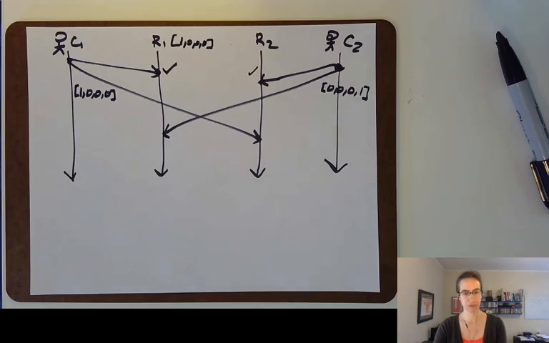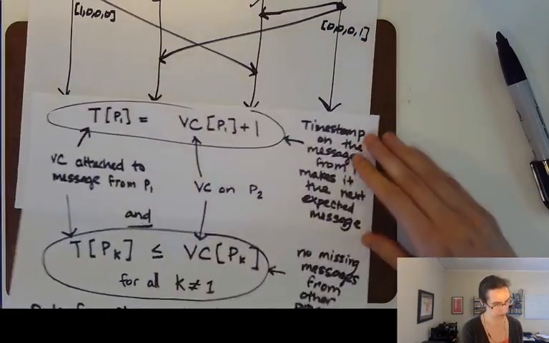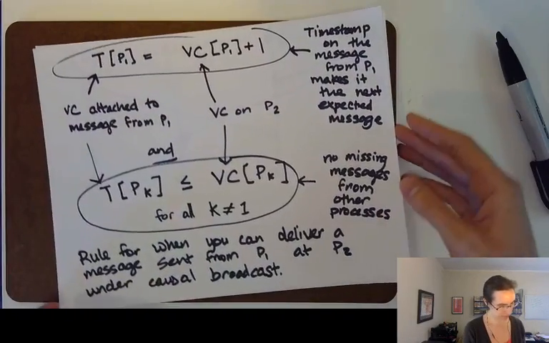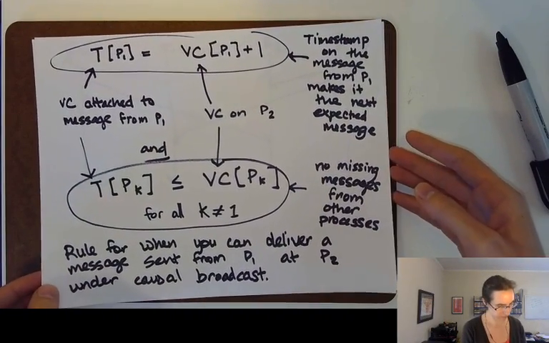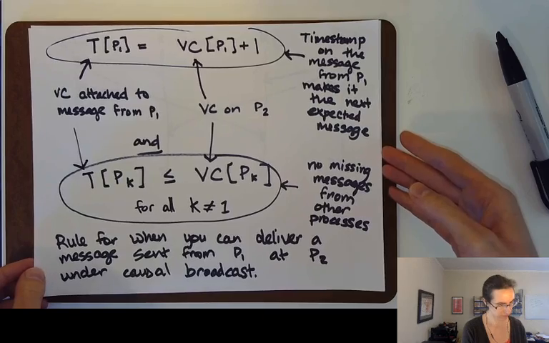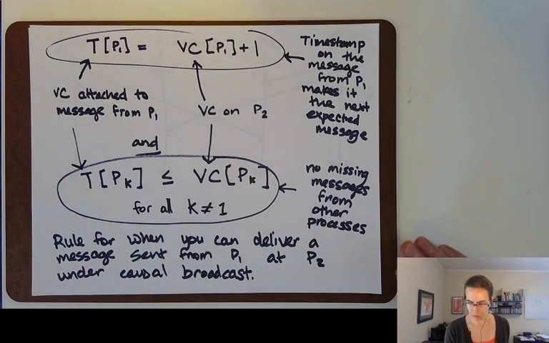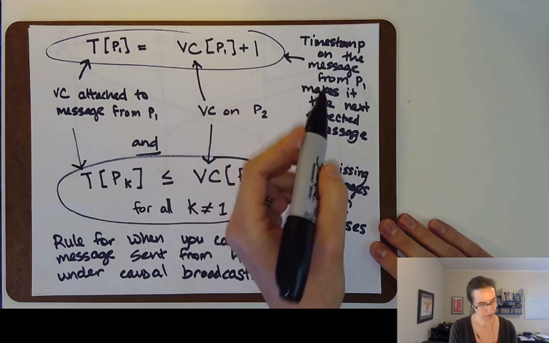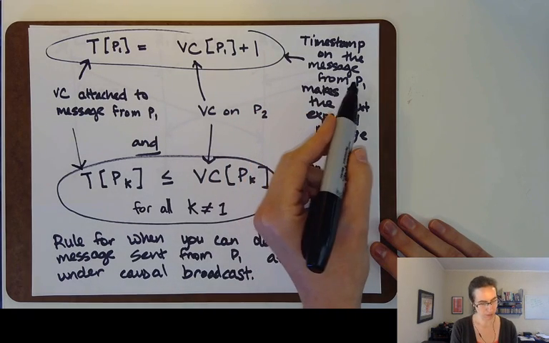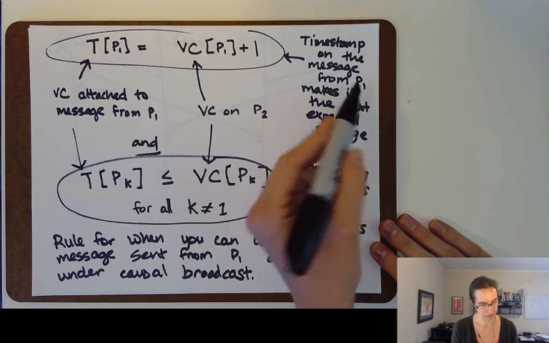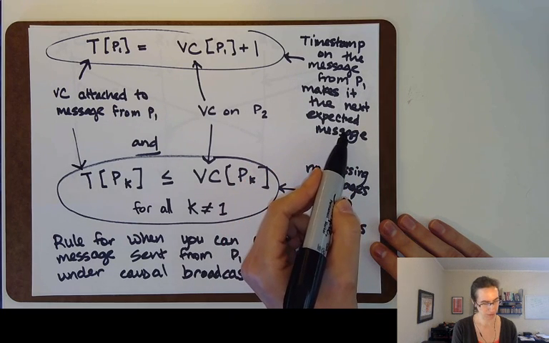So here's the rules. So we said the timestamp on the message from the process that's delivering it has to make it the next expected message.